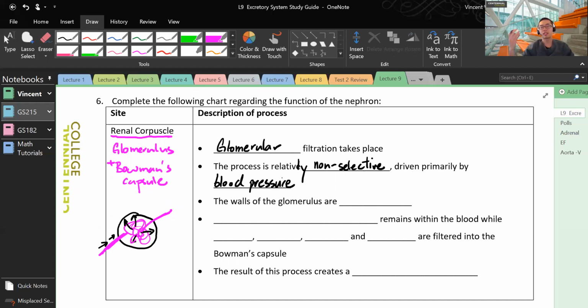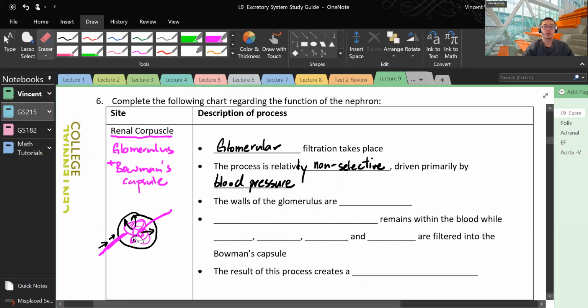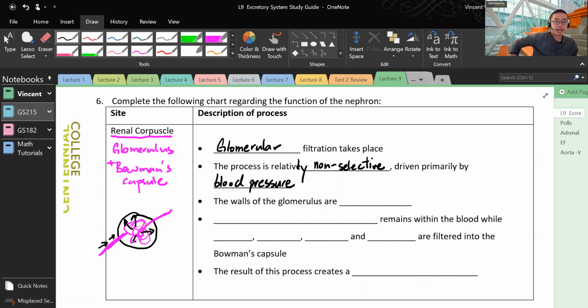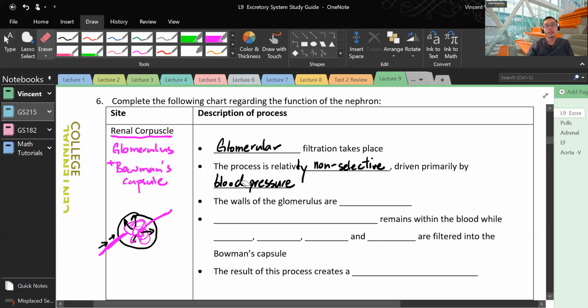Okay, but if someone suffers from chronic high blood pressure, it is actually going to damage the nephron. Okay, it's going to damage the kidney, so it's not a good thing. But within normal range, higher pressure means higher filtration rate.